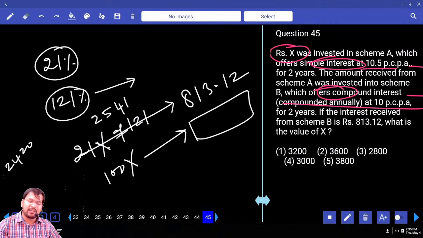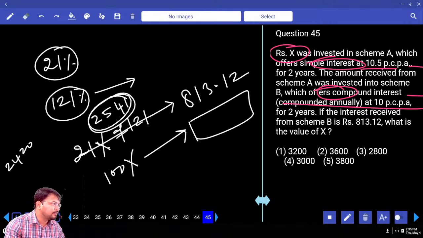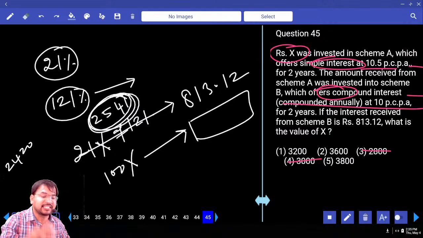If you take 30% of the value of this one, it is almost more than 750. Our answer is more than 30, and it is very close to 30. If you take 30%, then you will get 762.